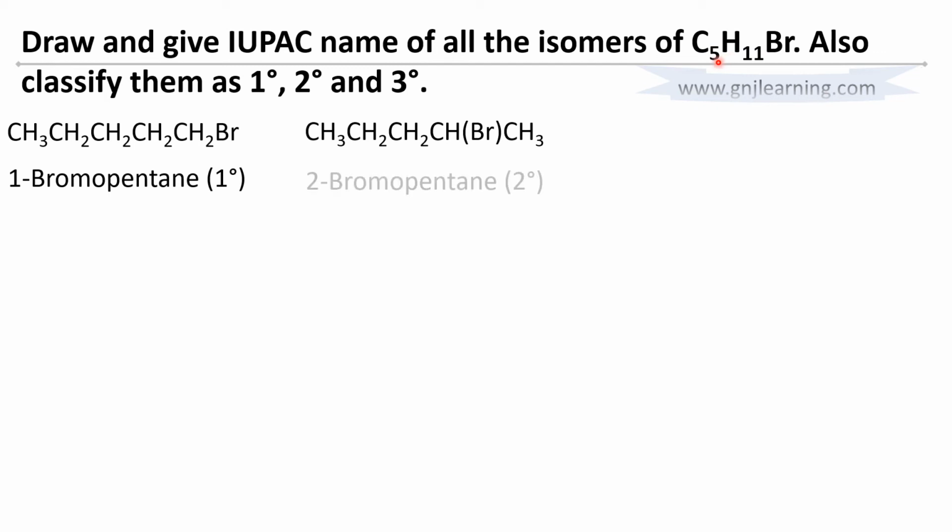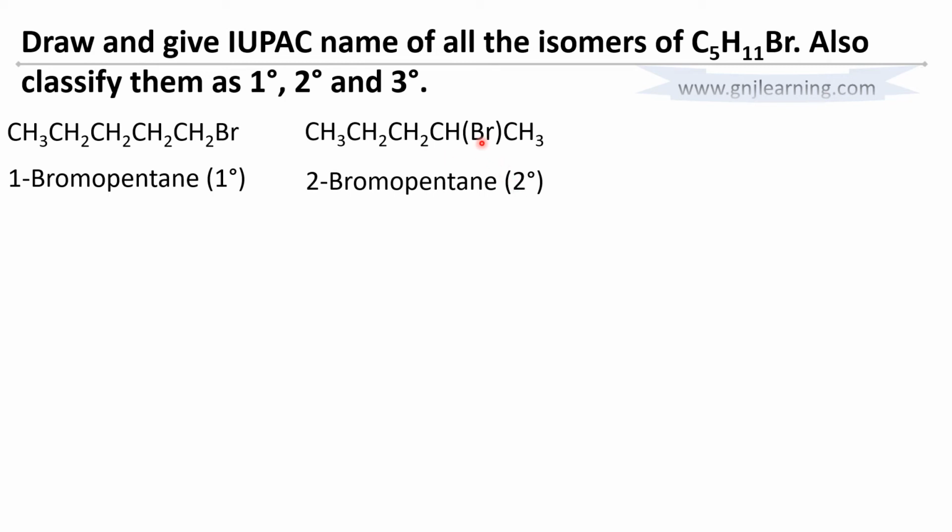So we have 2-bromopentane, but this time the second carbon is a secondary carbon. Why? Because the carbon is attached to this carbon and to this carbon. Since it has 2 bonds, each with a carbon, we call it a secondary haloalkane.